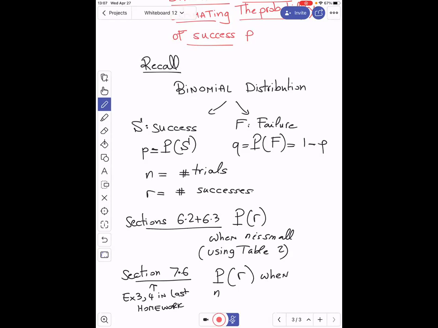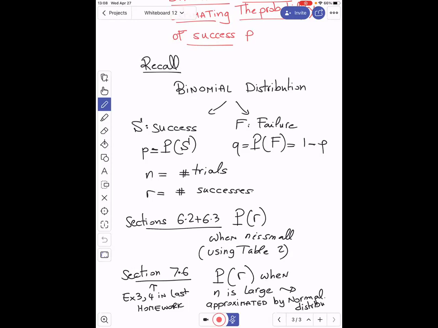When the number of trials N is large enough, we can approximate this probability with the normal distribution, so we can convert this R to Z.